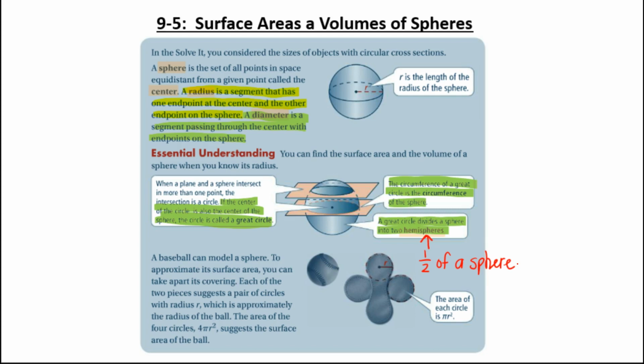Which one do we live in? Northern hemisphere. Thank you. We live in the northern hemisphere. What divides the Earth into the northern and southern hemispheres? The equator. Thank you. At least one person is up on their geography. The equator is what divides the Earth in half, basically. So if you look at the equator, the northern hemisphere obviously is north of the equator. The southern hemisphere is south of the equator.